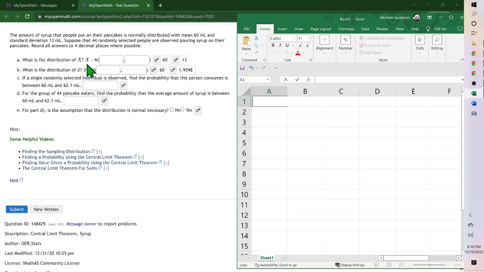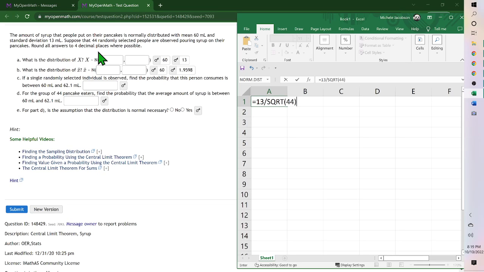So the first one, the distribution of just x, your normal event, is 60, 13 for the mean and standard deviation. Now when you're doing a sample, this one with the x with the line over it, it's from a sample, and in this case the sample's 44. The mean is still the same, but the standard deviation, we can do it in Excel, it's equals the actual standard deviation, which was 13, divided by, and then for square root, they have a function, square root, and the sample size, which was 44.